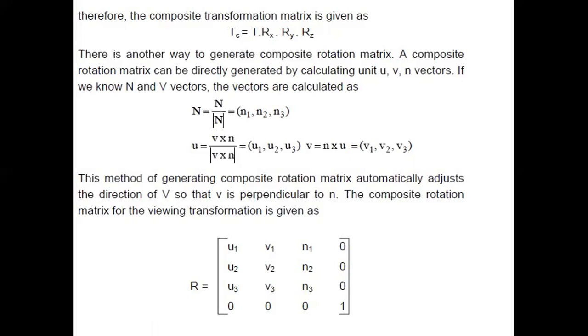By combining the normal and the view up vector, I can obtain one more vector, which is called my u vector. This particular vector is perpendicular to both n and v.